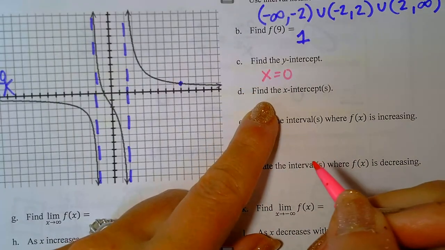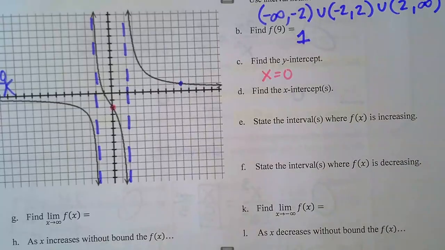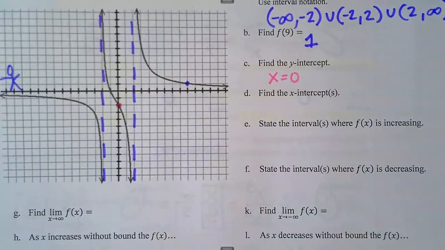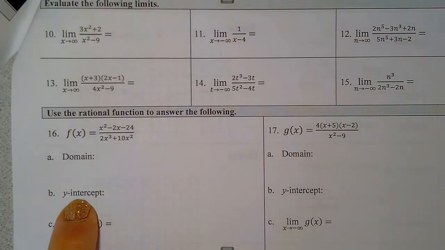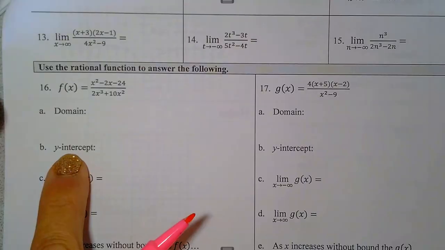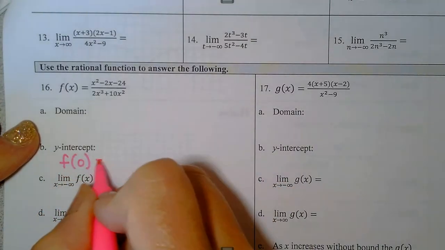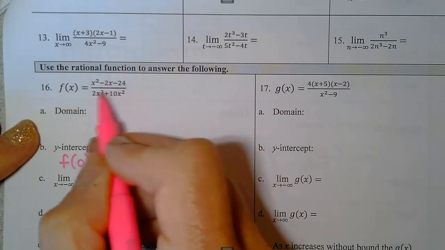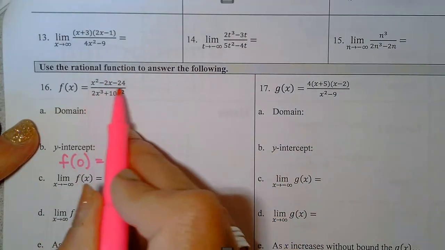So on today's homework, they're going to ask it with an equation, and they're going to want you to find the y-intercept. So all you have to do is put in 0 for x.